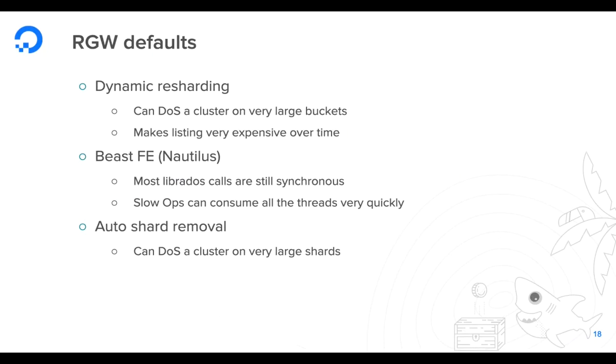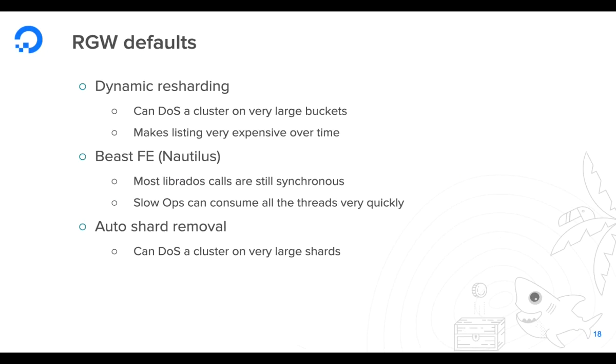But increasing the number of threads in Beast does not scale as well as increasing the number of threads on CivetWeb. So for that reason, we are actually now running CivetWeb on Nautilus in our cluster. As we look towards Pacific, we are definitely going to look at Beast again and see if things have improved there.